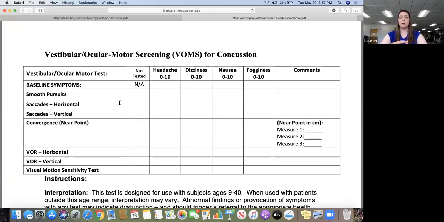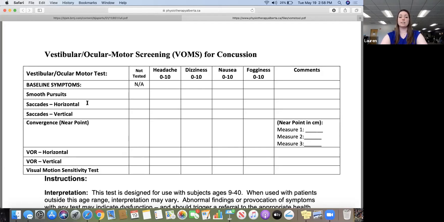That could be an issue with the trochlear nerve, abducens, or oculomotor nerve, depending on which eye and which area of the visual field the eyes can't follow into. We'll get into cranial nerve testing to go through which cranial nerves control which eye movements. But for smooth pursuits, they just can't follow the track.